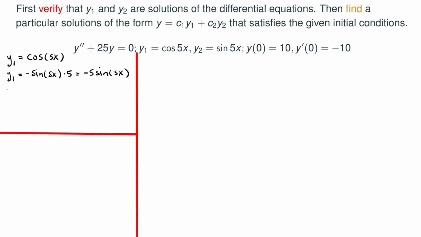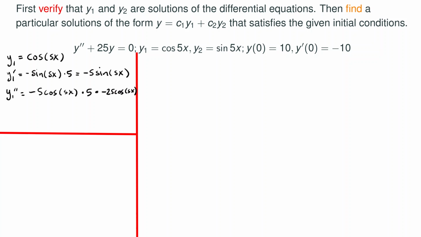The derivative of that, we know the derivative of sine is cosine. So we have negative 5 cosine of 5x all times the derivative of the inside of the 5x, which is 5. And that will get us negative 25 cosine of 5x.